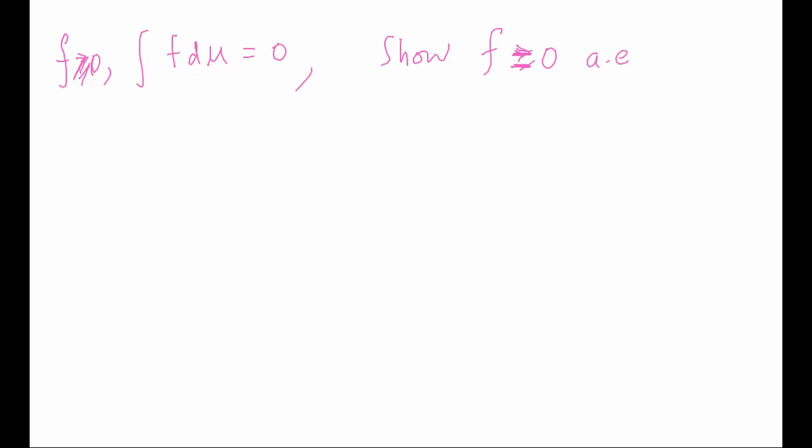Show that if f is greater or equal to 0 and the integral of f d mu equals 0, then f equals 0 almost everywhere. Oh, okay. So f equals 0 almost everywhere, is it? Yes. Okay.